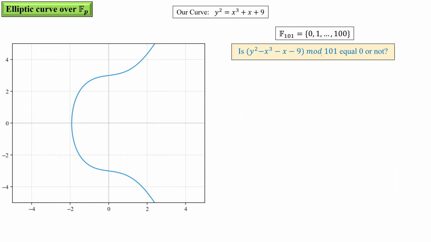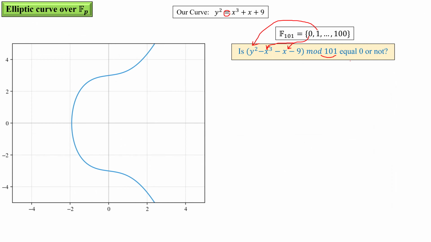So if you pick values from the field, which starts from 0 to 100, and replace them for x and y, for instance, you pick 0 for x and 1 for y, and put these values in the formula y to the power of 2 equals x to the power of 3 plus x plus 9 in mod 101, then you say that, okay, this chosen pair is accepted in our set.